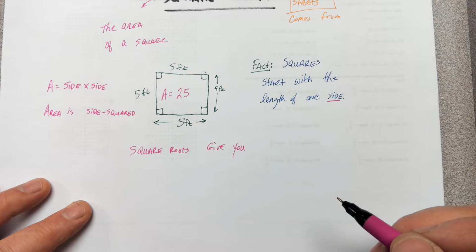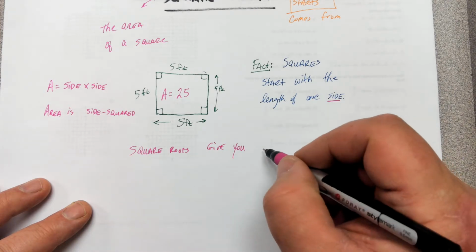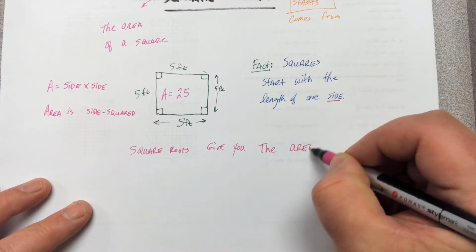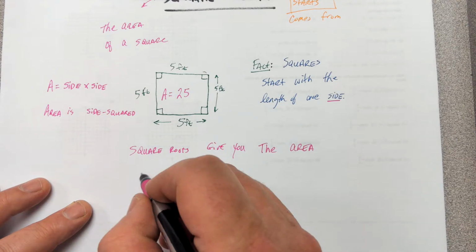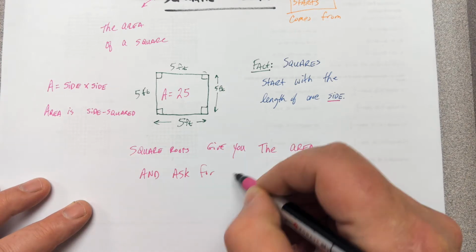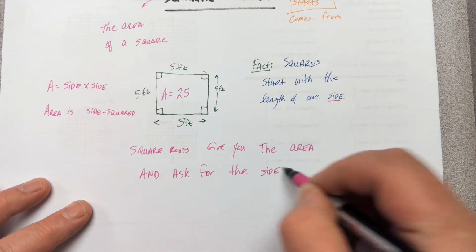Is it a little small? Okay. Square roots give you the area and ask for the side length.